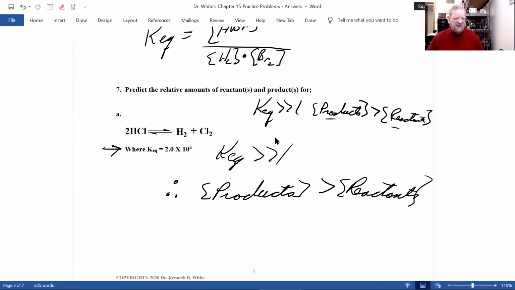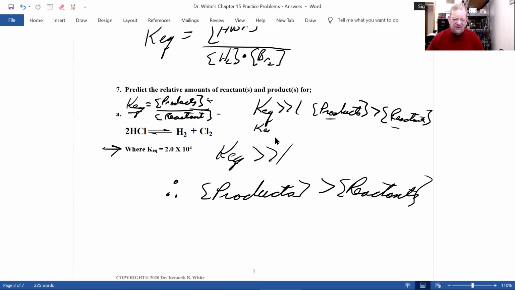Because remember, roughly Keq is something to do with concentration of products divided by concentration of reactants. In a very coarse way, this is one way of thinking of it. And therefore, if this number is greater than 1, the top has to be greater than the bottom.